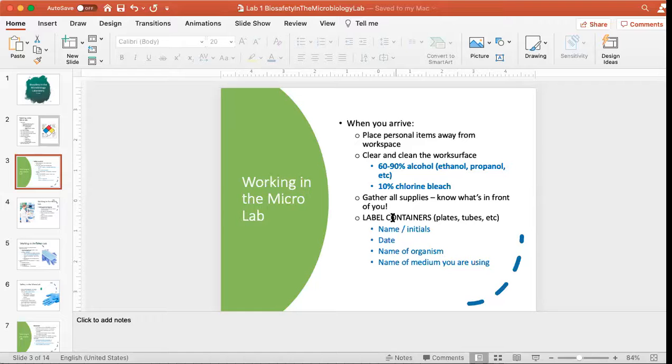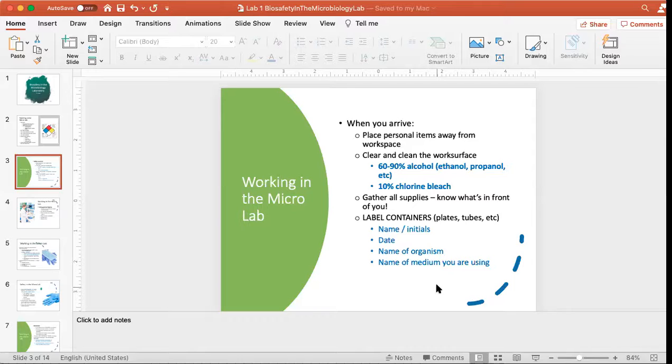And I've got the 4 things listed here that belong on any container in a microbiology lab. First of all, your name belongs on it somewhere if you made it. Either your name or your initials should be on it. The same is true if it's not a culture container, but let's say you're collecting a urine sample from a patient, or you're going to take blood from a patient, or some other diagnostic sample.